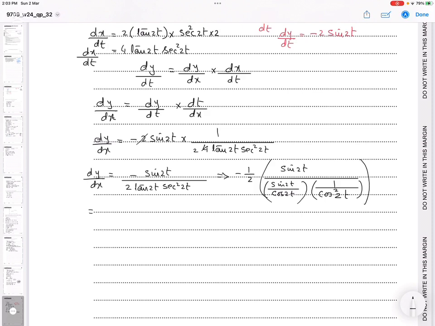Now minus 1 over 2, sine of 2t over sine of 2t over cos cube 2t.